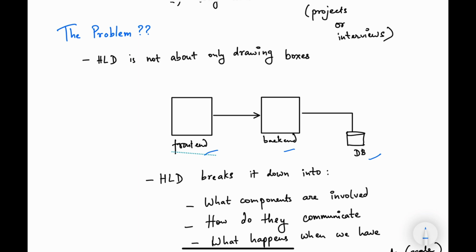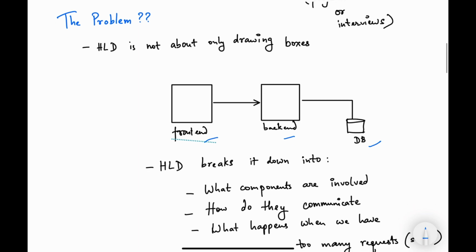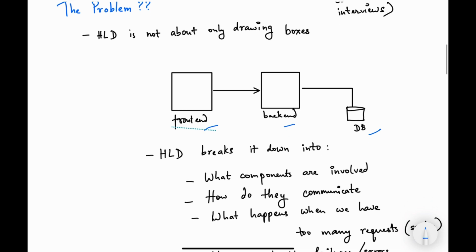Drawing simple flows will result in a good high level design, but that's not true. That's not how systems are actually designed at scale, not at places like top engineering teams or top tier companies. Okay, so today we'll break it down properly.